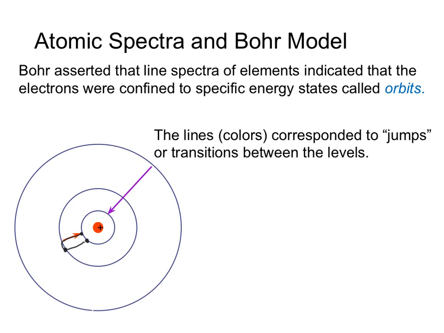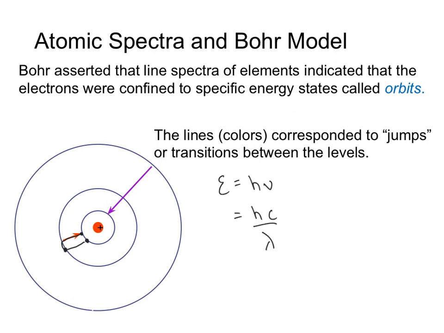Now let's think back to what we know about relationships between energy and wavelength. You'll recall that we were able to relate energy to frequency and also relate energy to wavelength.